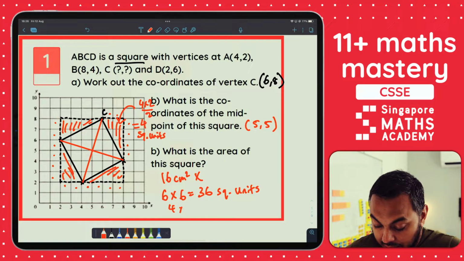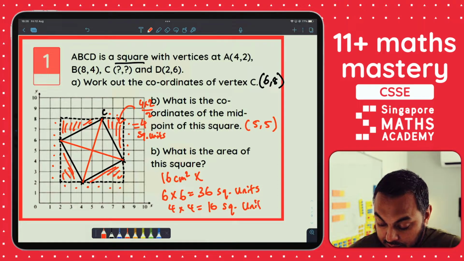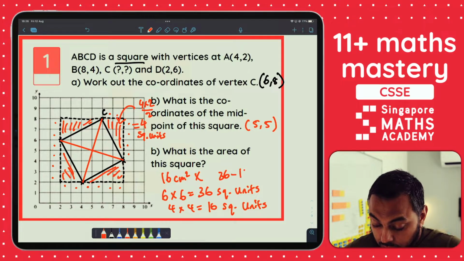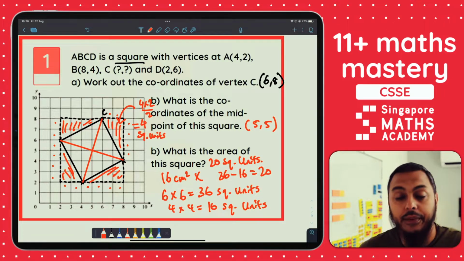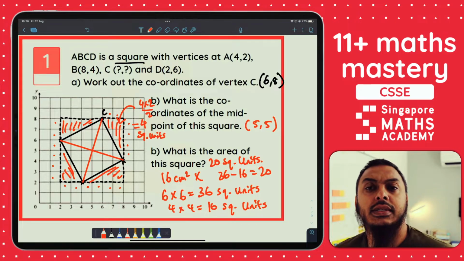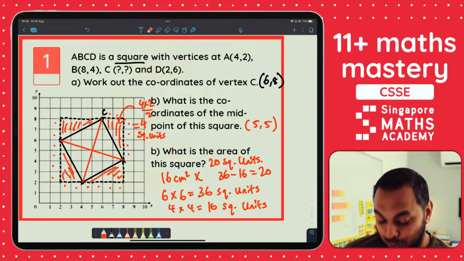So 4 times 4 is 16 square units that I need to subtract from the 36. So 36 take away 16 is equal to 20. So it's going to be 20 square units as my area for this square. So hopefully that made some sense. And we can move on to question 2.